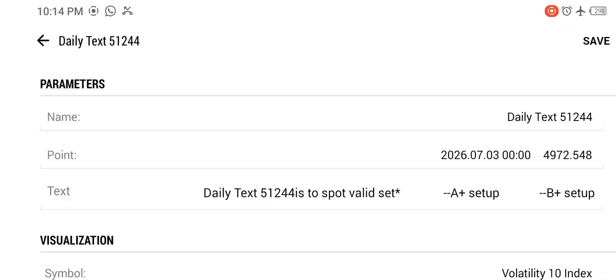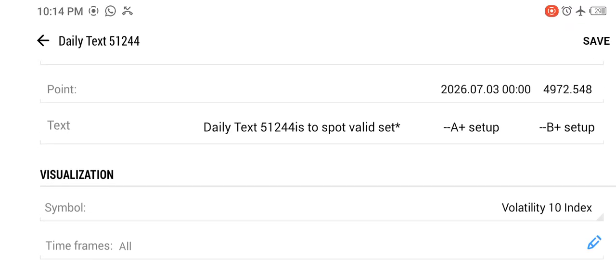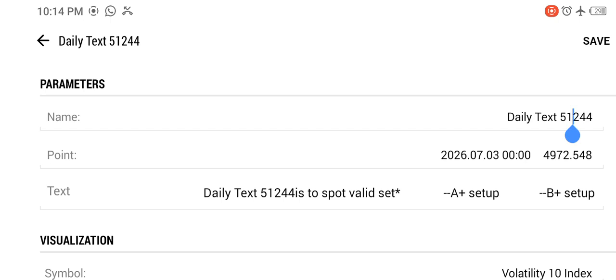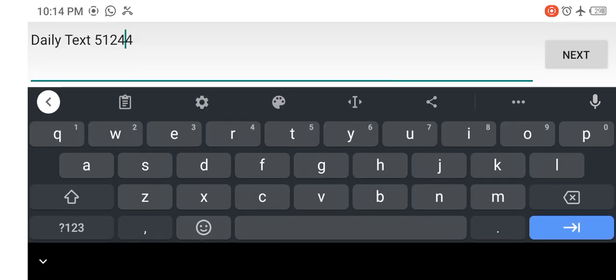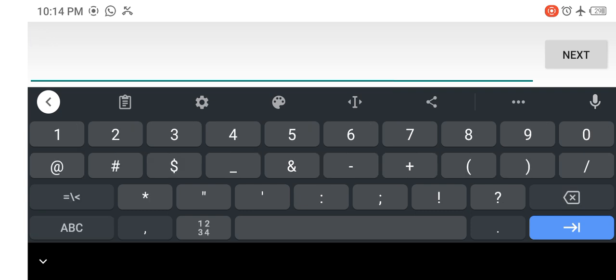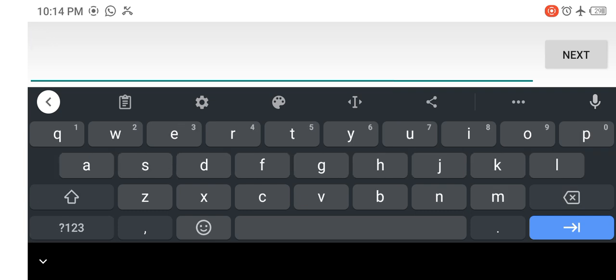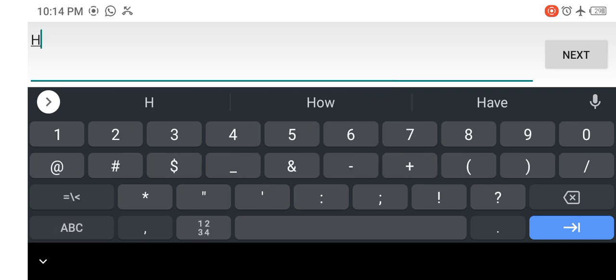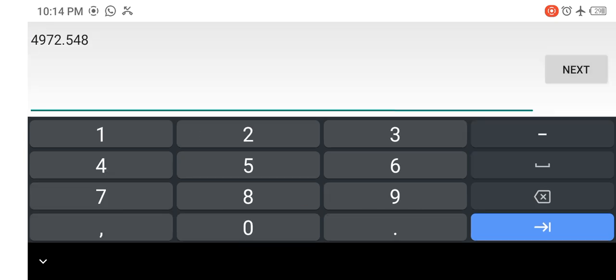We want to spot an A+ setup from the 4 hour time frame. I want to trade at least two trades from an A+ setup. Okay, 4 hours time frame, H4.